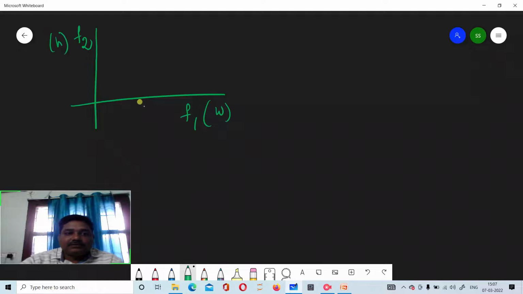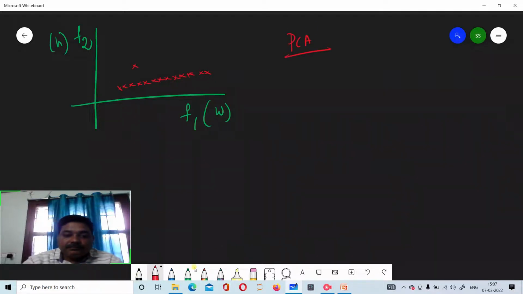This is weight, this is height. So I can plot some data points. Let's say these are the data points.